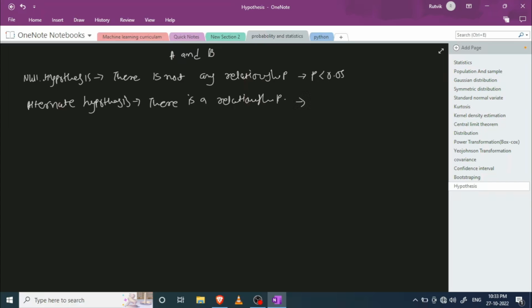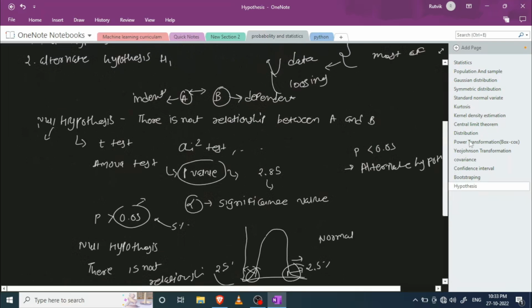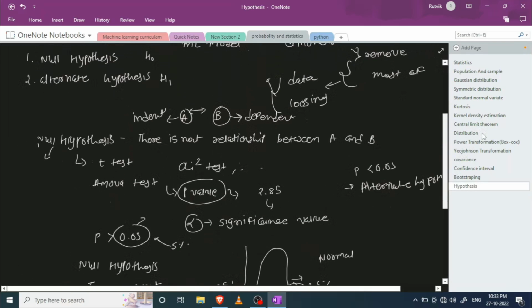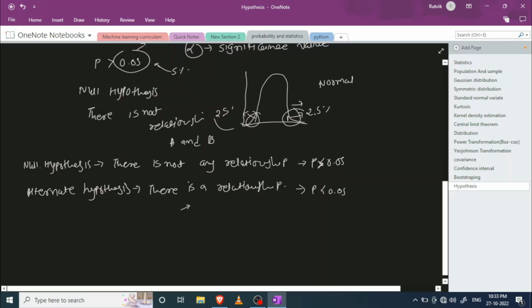Sorry, probably I made a mistake here. If the p-value is greater than 0.05, then I'm going to accept the null hypothesis. And if the p-value is less than 0.05, then I'm going to accept the alternate hypothesis.